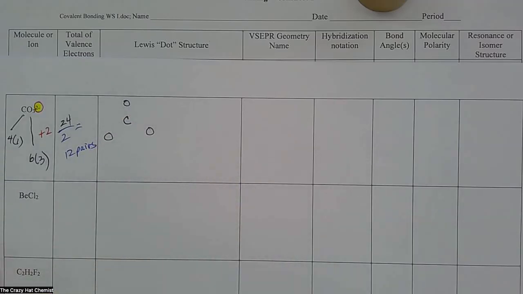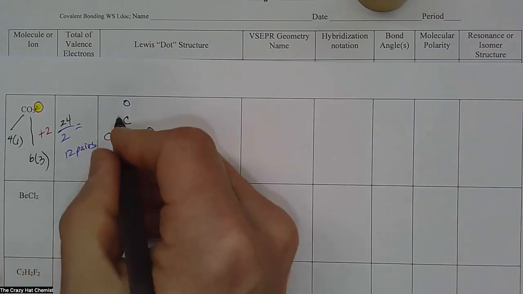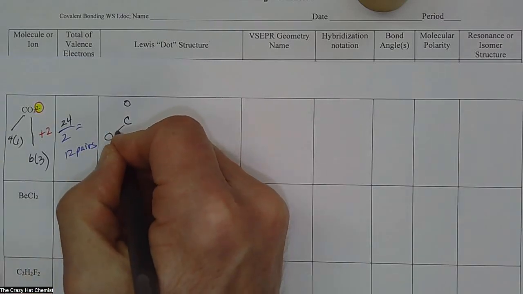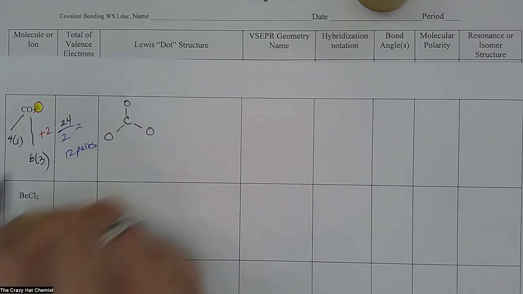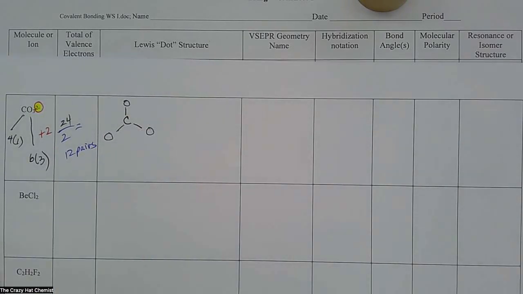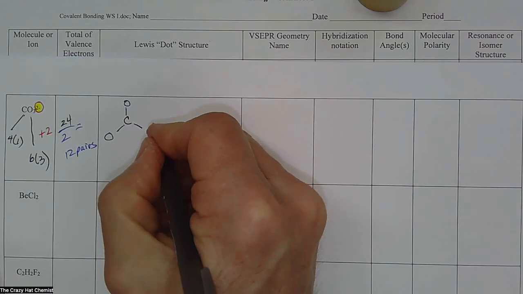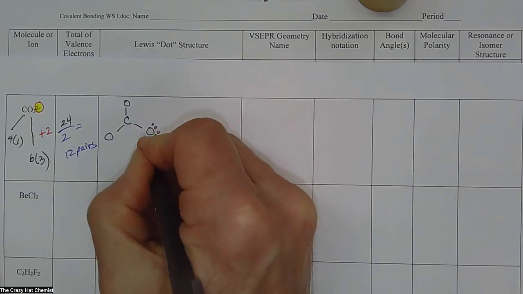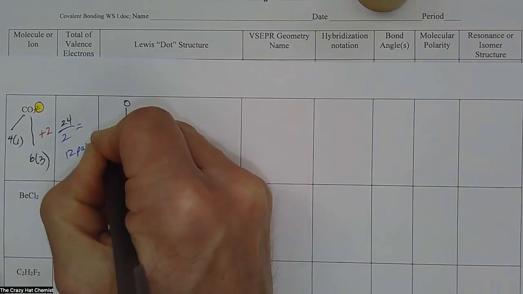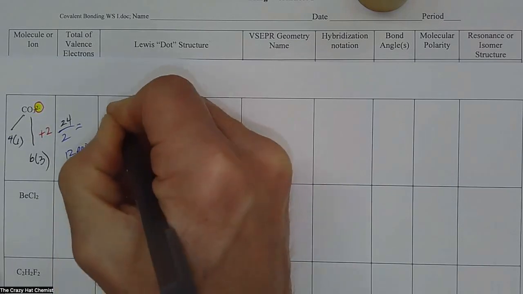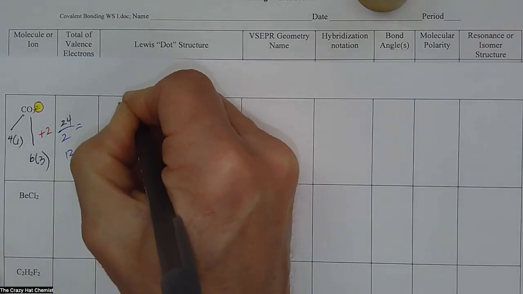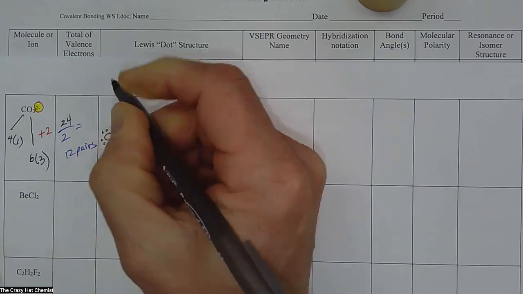Haven't done that. Don't do that. So 12 pair between the central and outside. 1, 2, 3. Then outside. 4, 5, 6, 7, 8, 9, 10, 11, 12.